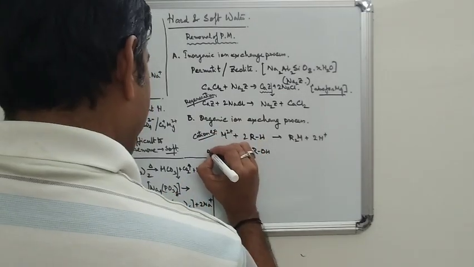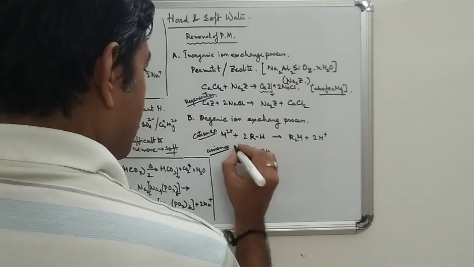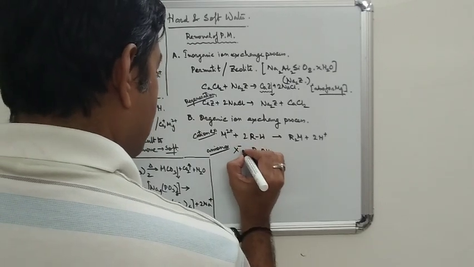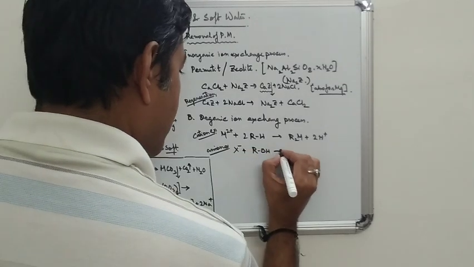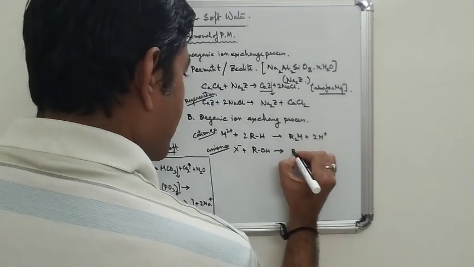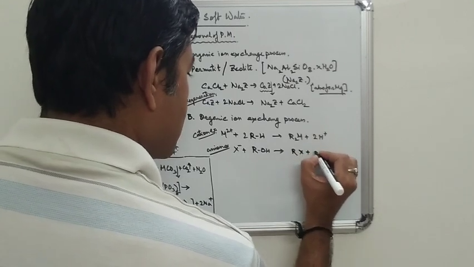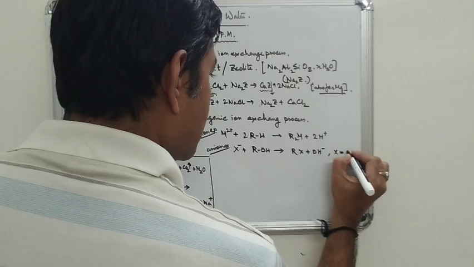And in case of anion exchange, X⁻, where X can be chloride, sulfate, etc., will form RX plus OH⁻. X can be Cl⁻.